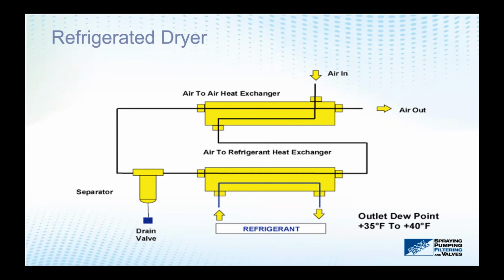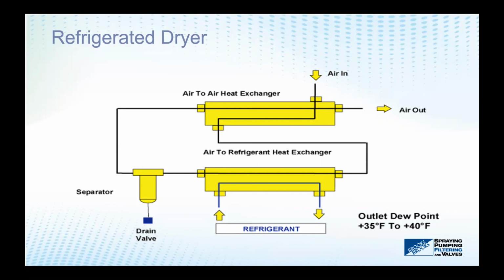I mean, the point here is you would select this dryer based on an application where it wasn't critical downstream. Because if your application is far away from the dryer, you may get some moisture at the point of use. So this is highly dependent on the nature of the application.